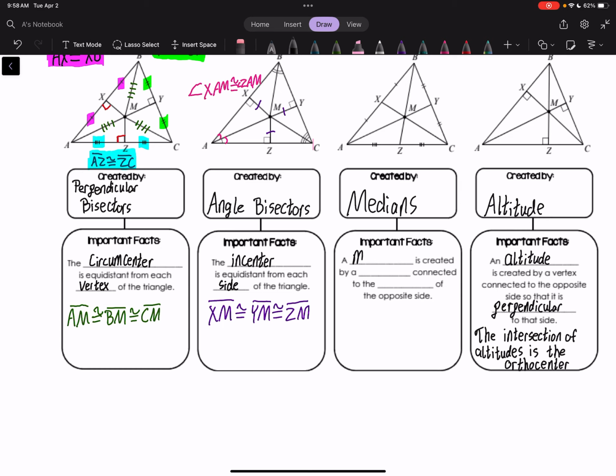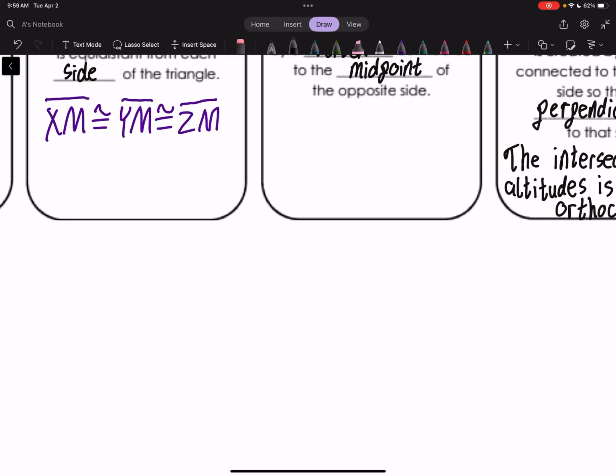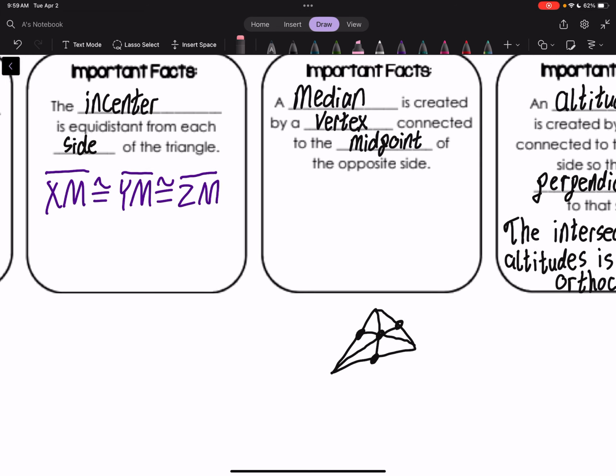So a median is created by a vertex connected to the midpoint of the opposite side. So I have my triangle. My midpoint is just the middle of each side. I'm going to connect to the opposite side. And the place of intersection is going to be my centroid. Okay?